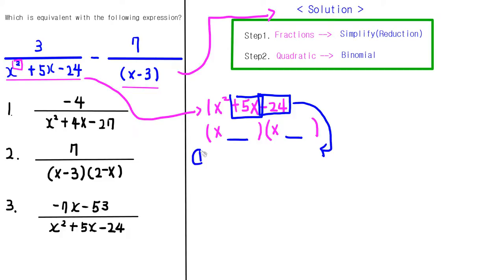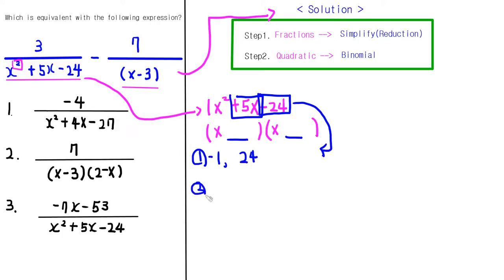Let's think about 1 times 24. If one of the signs is negative, the bigger number should be positive, which means the smaller number should be negative. If we multiply them together, it shows us negative 24, but it doesn't satisfy the sum of positive 5x. It is way too far away.